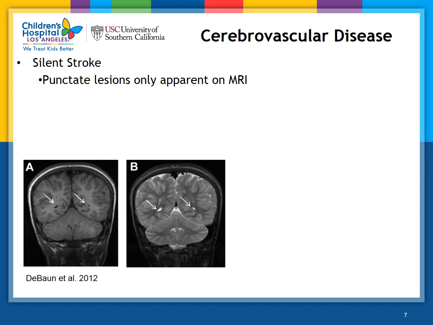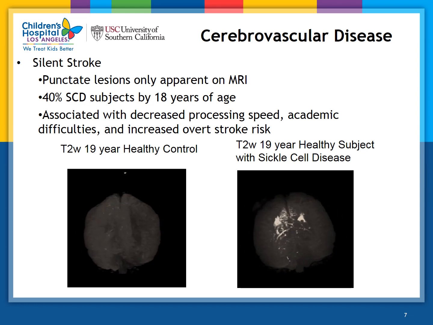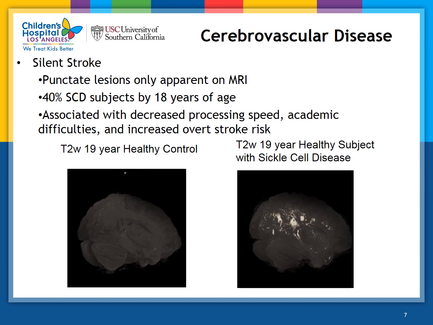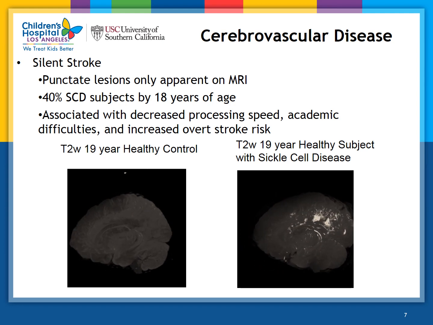Roughly 40% of children with sickle cell disease will present silent infarctions by the age of 18, which has been associated with decrements in intelligence quotient, academic difficulties, and increased overt stroke risk. As I think is evident by these two volumetric images of two healthy 19-year-olds, silent stroke is hardly a silent disease.